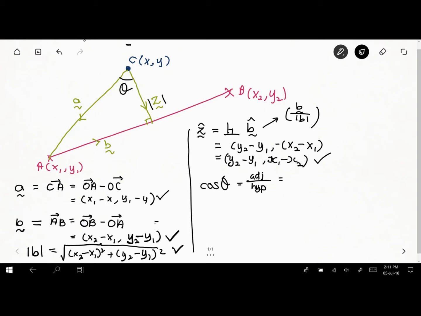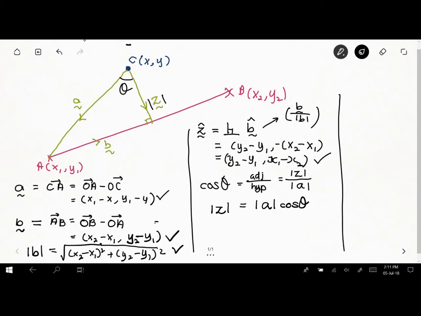In this case it's the magnitude of Z over the magnitude of A. We definitely know the magnitude of A. So our Z is equal to A cosine theta. Now, how do we find cosine theta? Cosine theta comes from this.